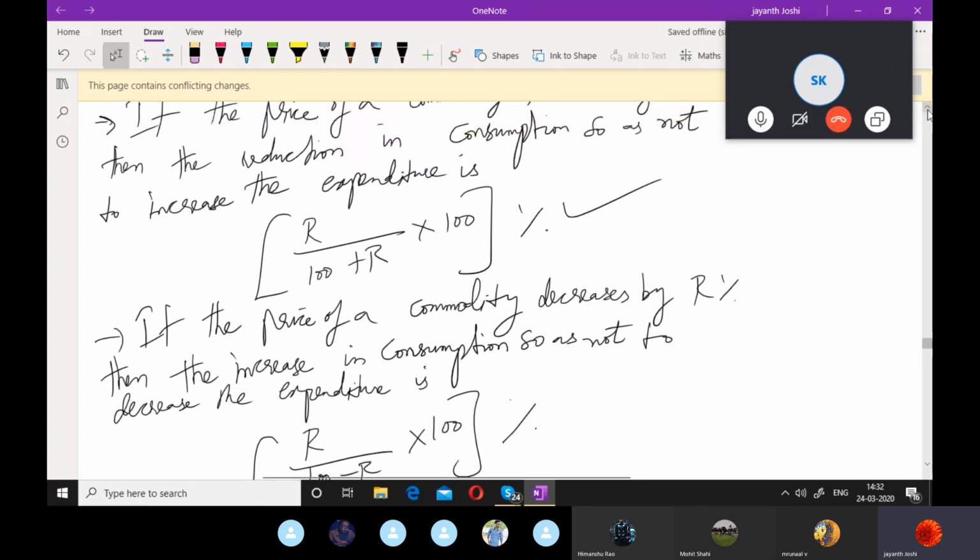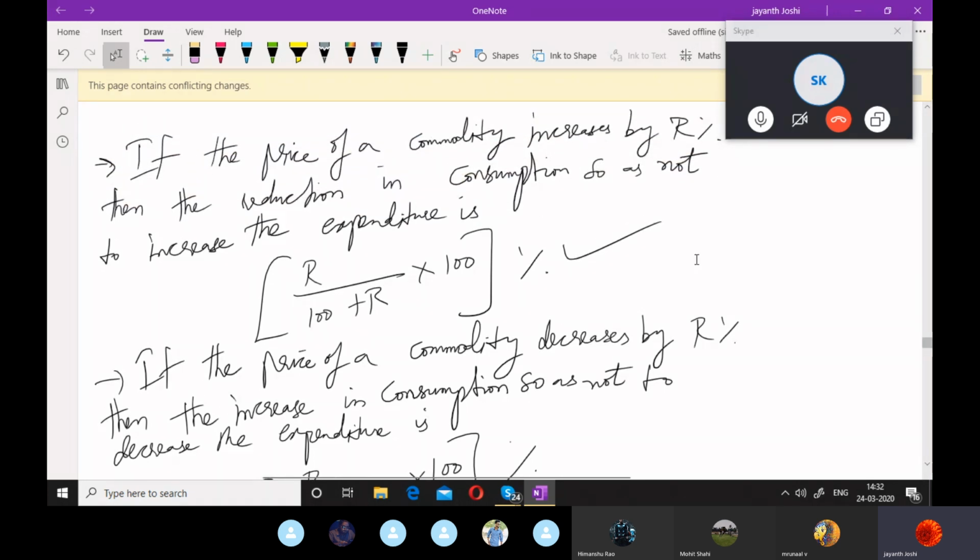So now again I'll give the discussion regarding this. If the price of a commodity increases by R%, then the reduction in consumption is done by R by 100 plus R into 100%. Suppose they give you a question, the price of a commodity has increased by 10%, so the reduction in consumption is of how much percent? You have to apply this formula, R by 100 plus R into 100, the whole percent.